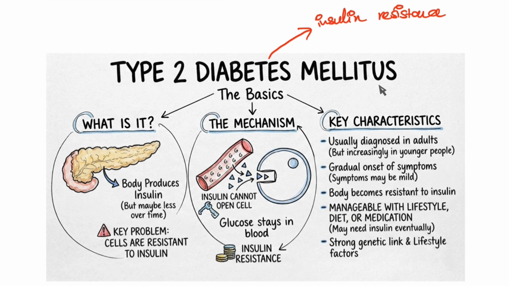In simple terms, the insulin is present, but the body cells do not respond to the normal amount of insulin. The pancreas is able to produce insulin at first, but the body cells are not able to respond.